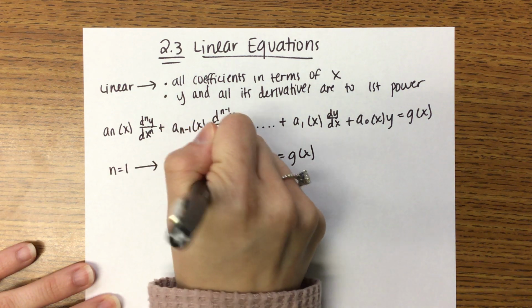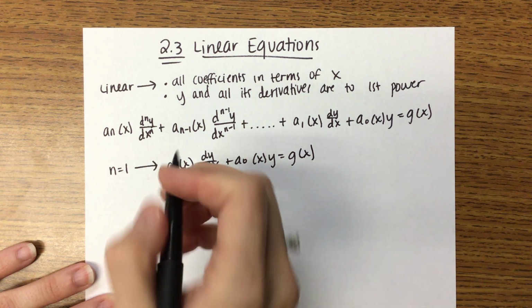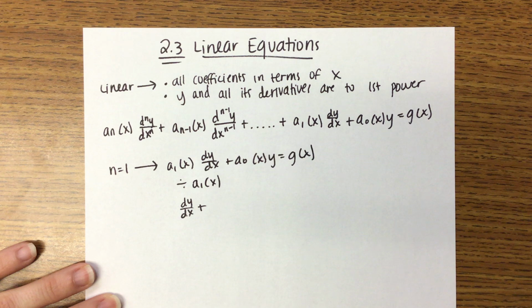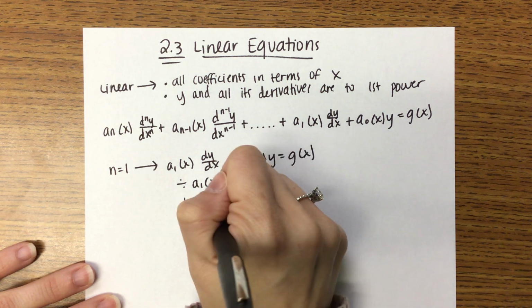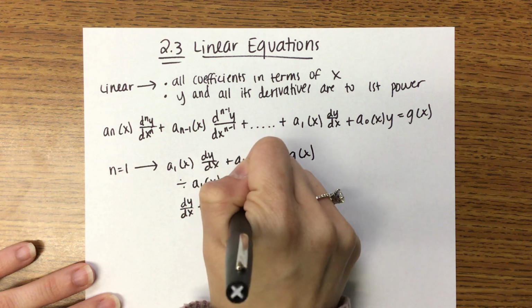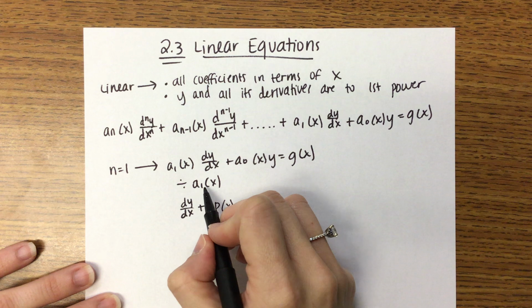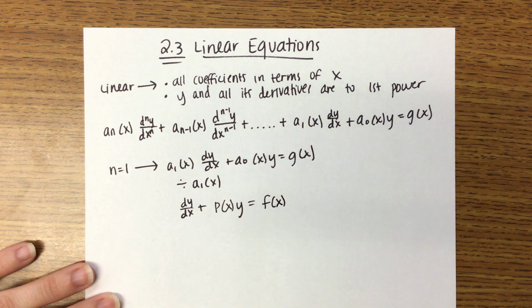Generally, what you're going to do is divide by the coefficient in front of dy dx. So you'll get dy dx plus a0 divided by a1. I'm just going to change that to a new function, generally called p of x. g of x divided by a1 of x is another function of x, so we'll call that f of x.